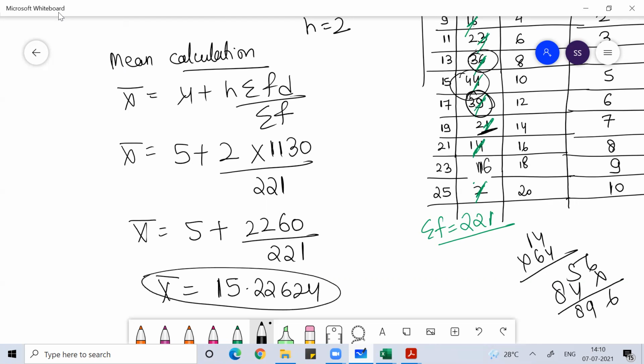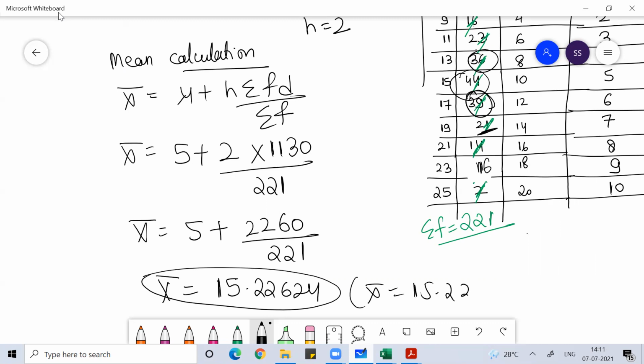I can take approximately 15. Clear, right? Nobody has any problem, right? So in the book it is given 15.23. Yes, given 15.23, or I can take 15. Both mean the same thing. Clear, everyone?